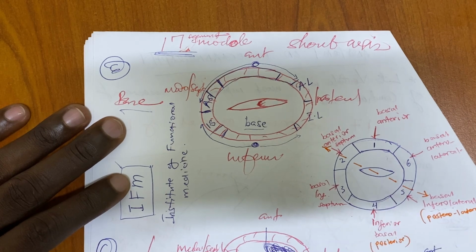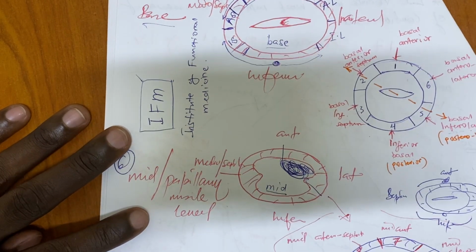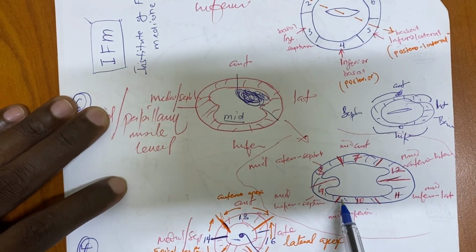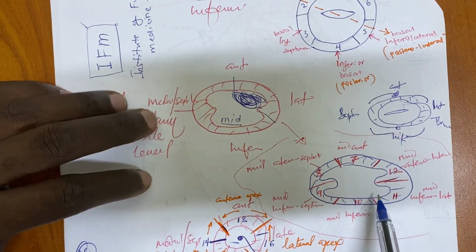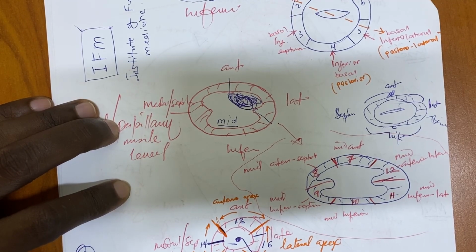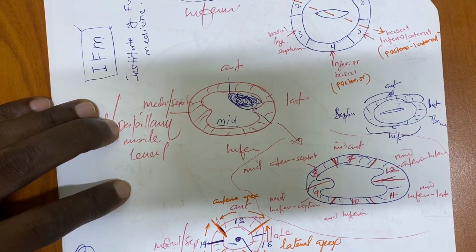We went back to mid and we did the same here. From 6 we go to 7. That is mid anterior. Then mid anterior septum, mid inferior septum, then mid inferior, mid inferolateral, and then mid anterolateral.